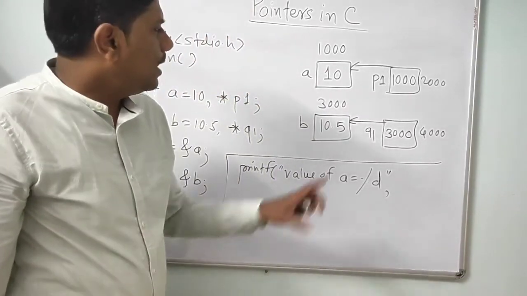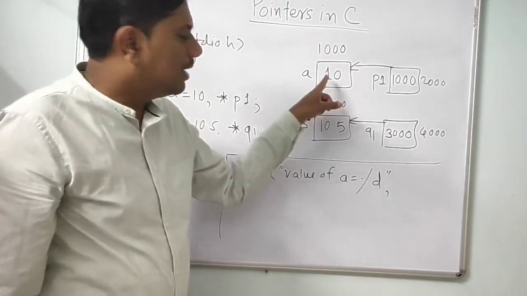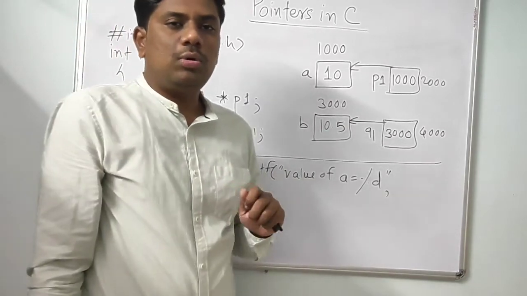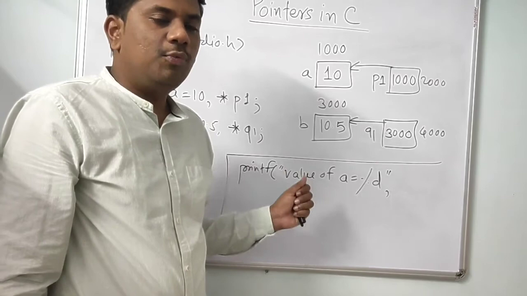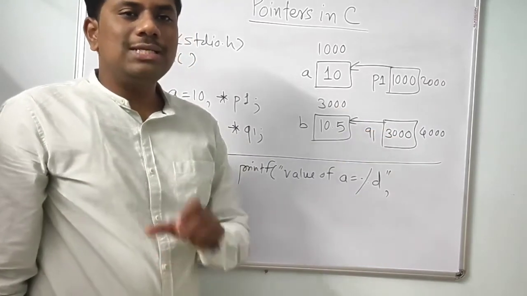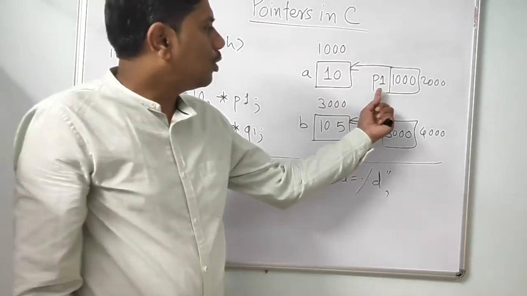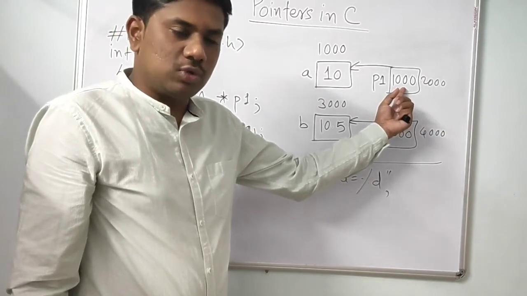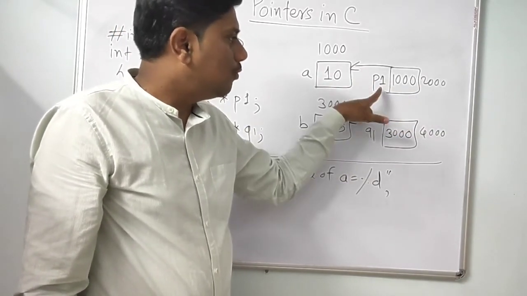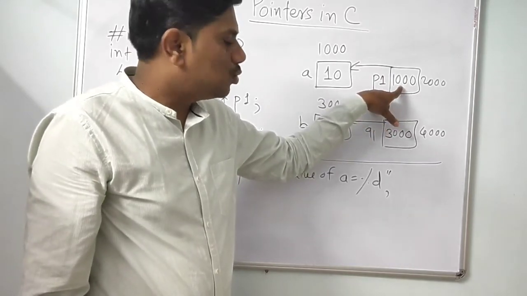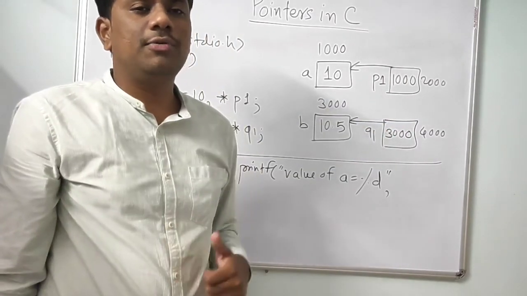If I directly use a here, then I will get 10. But I don't want to directly print the value of a. I want to print the value of a with the help of pointer. So what is the current value of p1? 1000. This 1000 is the address of a, but that is the value for p1. So with the help of this 1000 address, I want to retrieve the value of a.